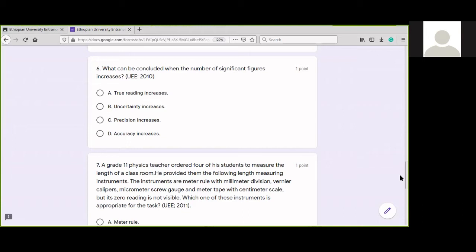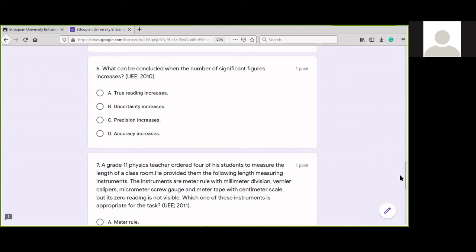I have a doubt also from another student with this question. In the extreme book series, the answer says accuracy increases, but I don't agree with that one. Because if the reading is precise, we cannot say accurate, yes?